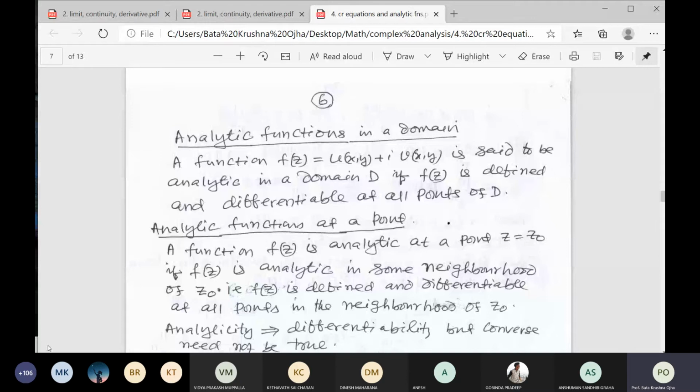Do you see the difference between analytic and derivative? Derivative is at a point z0. Analytic at a point means the function is differentiable at the point and differentiable at each and every point in the neighborhood of z0. That is called analytic at a point.